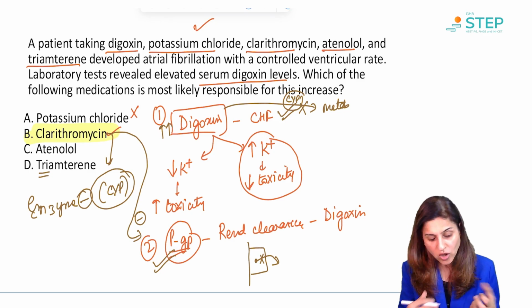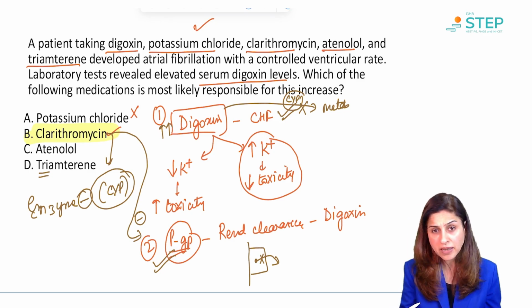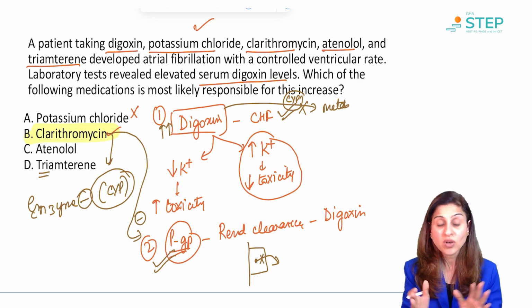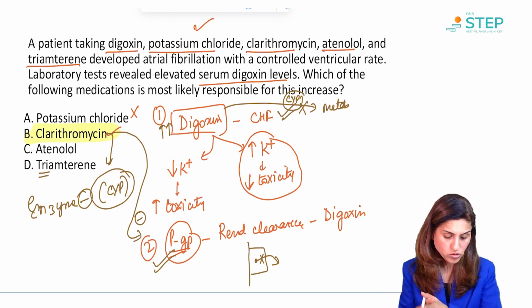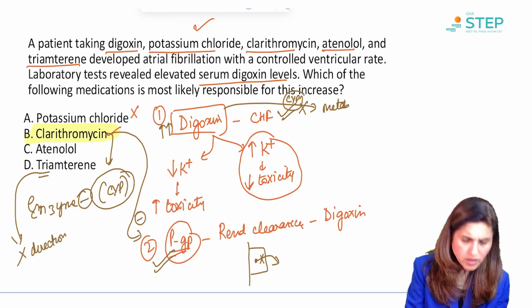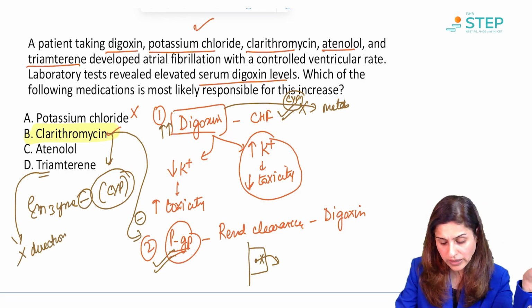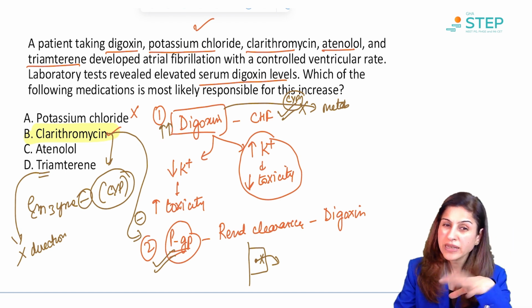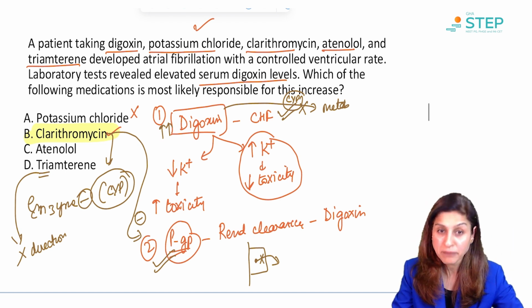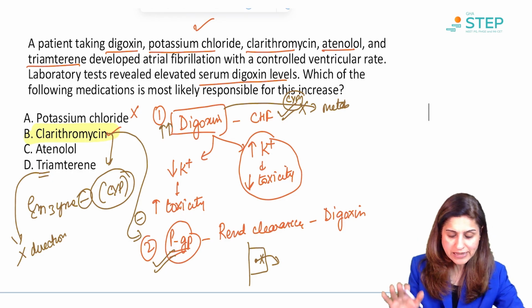Triamterene is a potassium sparing diuretic. Again, it has no direct interaction with this particular drug. So they can increase the potassium level in the body, but again, it will not cause toxicity with digoxin. That is the primary thing here. So your correct option is clarithromycin.